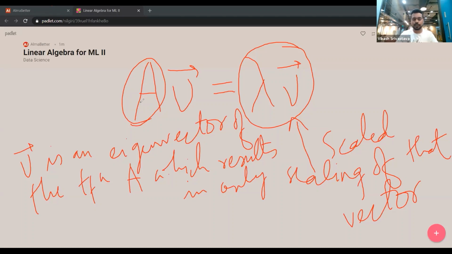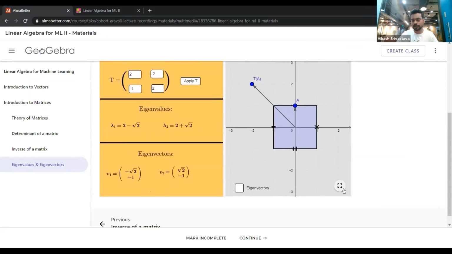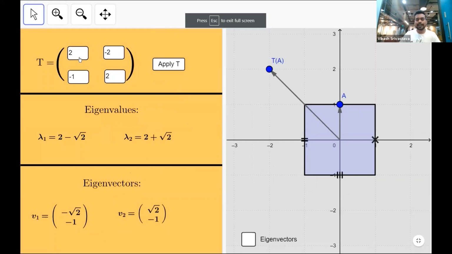Okay, so let's have a look at the visualization, and I think you will be able to relate to this. Here I have this transformation, so instead of A, I'm calling this T, which is short for transformation.